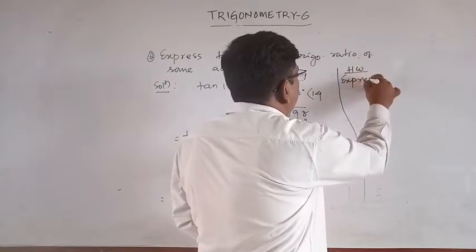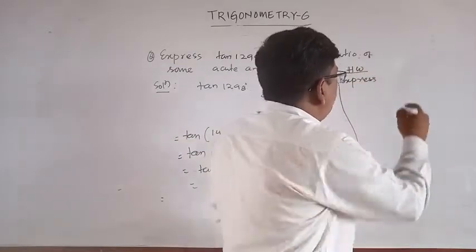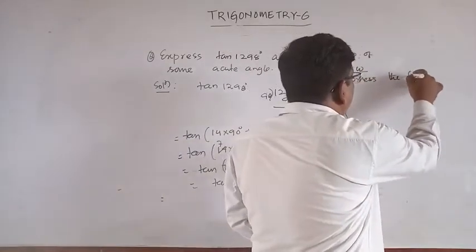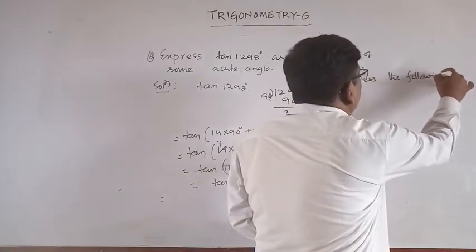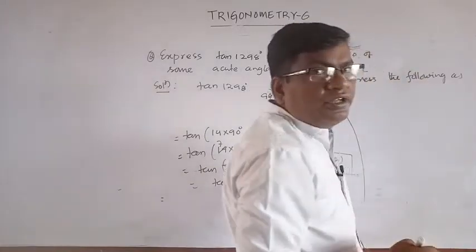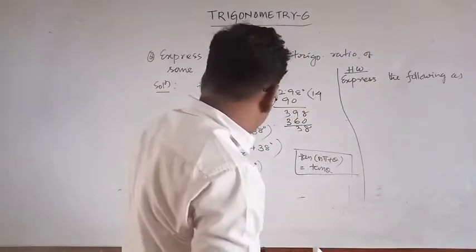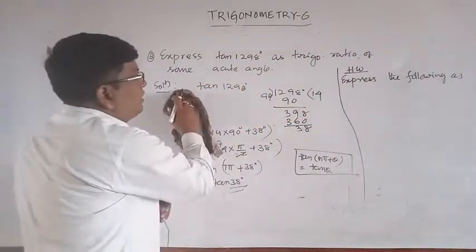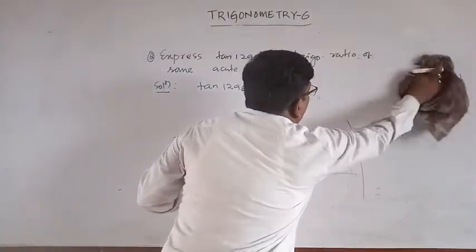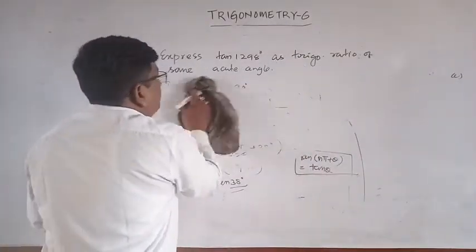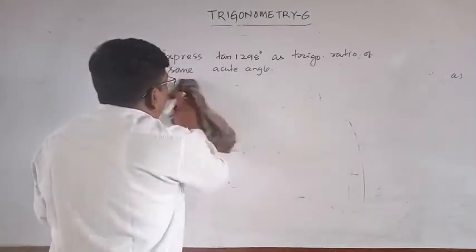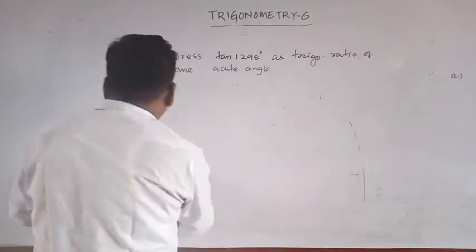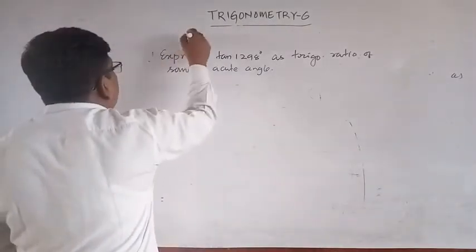Express the following as trigonometric ratio of some acute angle. Homework for you. Some questions for homework. This is homework.